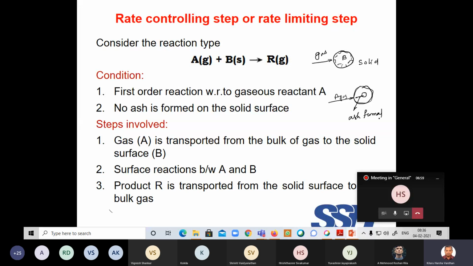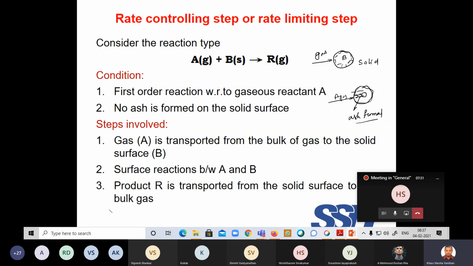If you are not removing it, the ash will be formed surrounding the reaction core, wherever it is. So initially the core is here. As the reaction happens, the core shifts inward. Am I right? You can assume it is coal burning. When you are burning the coal, the ash is left and the unreacted coal core is at the center, right? So this particular thing is called ash.